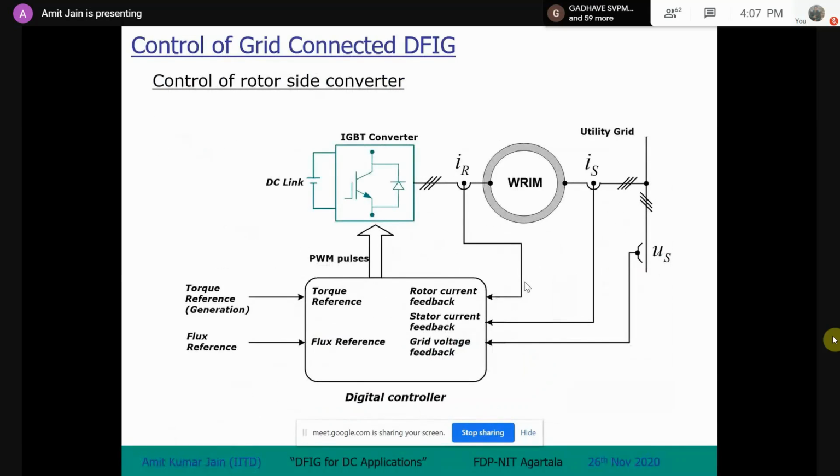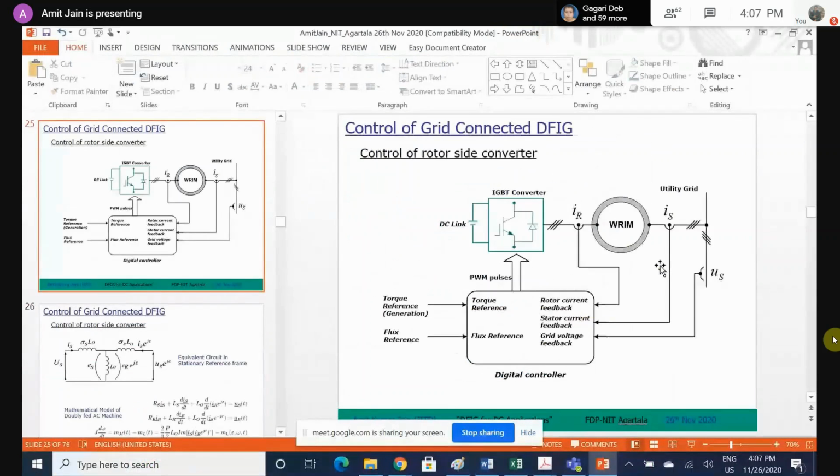So how to work in this kind of system? So this is our system, right? Even though it's AC here, there is no issue, right?